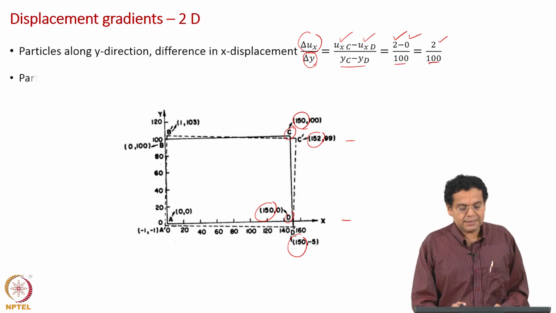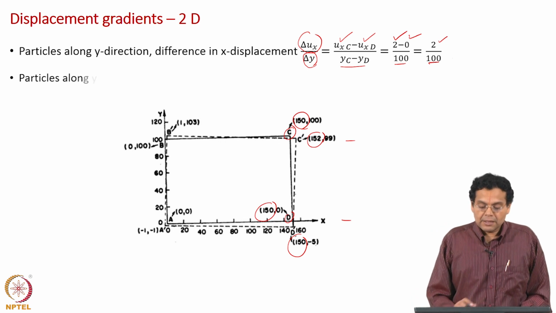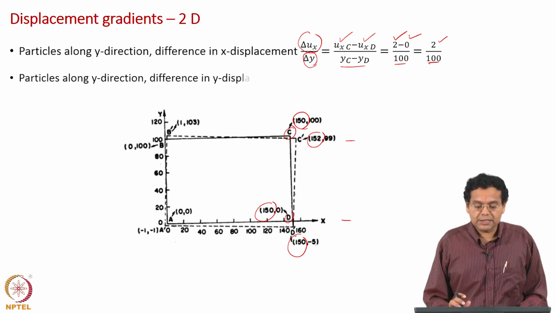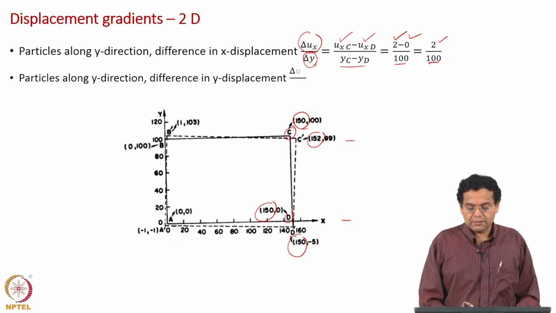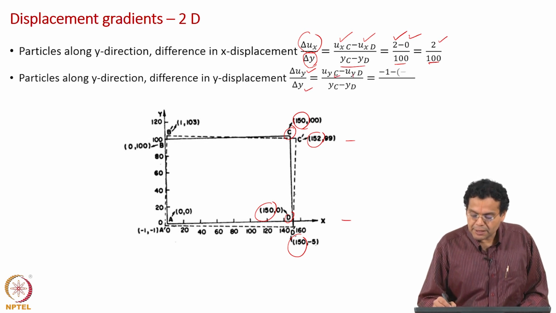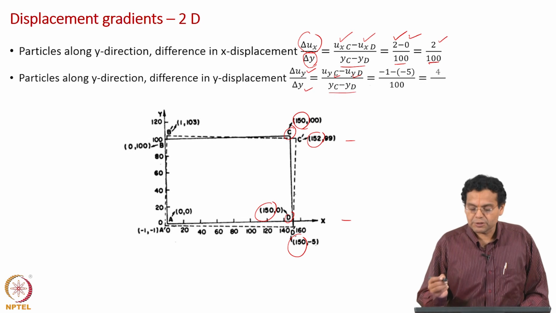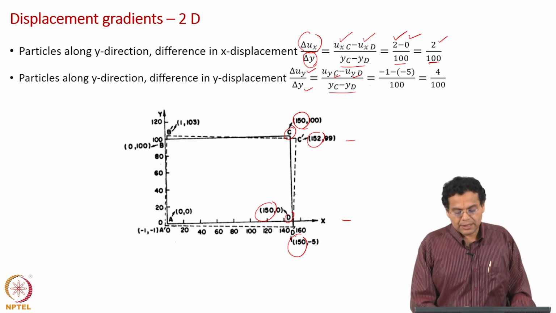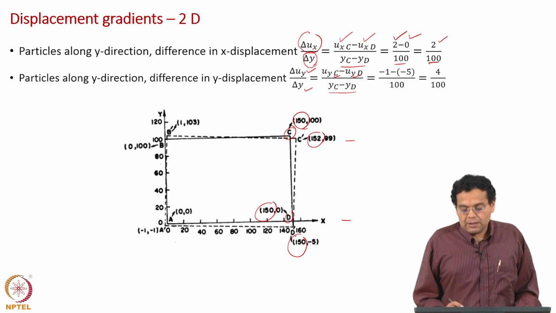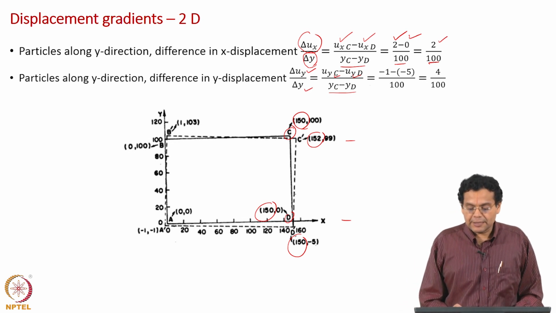Now, the last combination, considering the same particles along y direction and looking at the difference in the y displacement. So, how do you represent formally? Delta u y by delta y. So, y displacement of C minus y displacement of D divided by, of course, y c minus y d. Now, let us consider particle C. What is the y displacement of C?